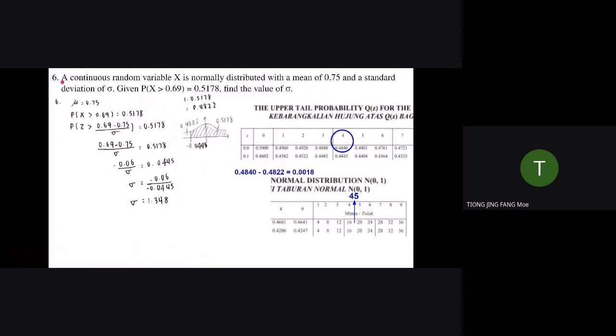Okay, question 6. A continuous random variable x is normally distributed with a mean of 0.75 and a standard deviation of sigma, and given x is greater than 0.69 is equal to 0.517, find the value of standard deviation.